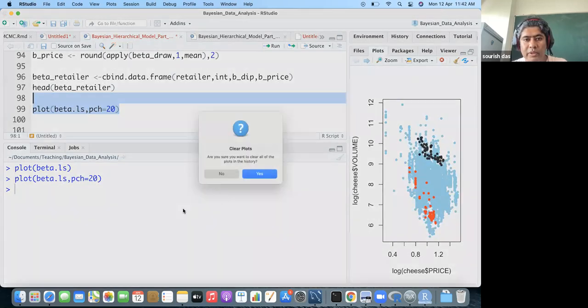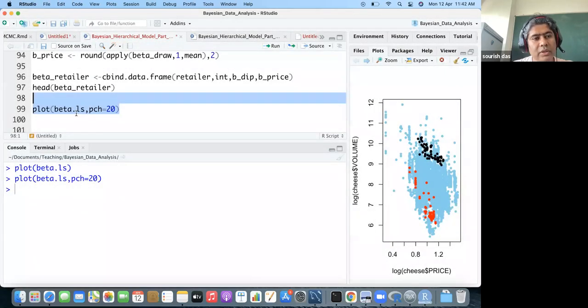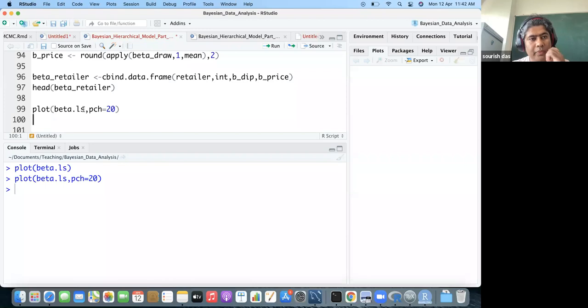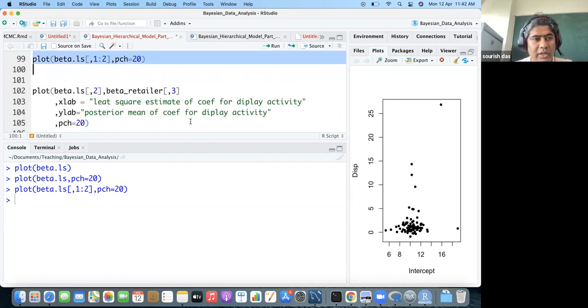Actually, this is a matrix plot, so let me just plot columns 2 and 3. Intercept and display activity: you see the intercept is in the range of 6 to something, and display is in the range of 0 to 25.